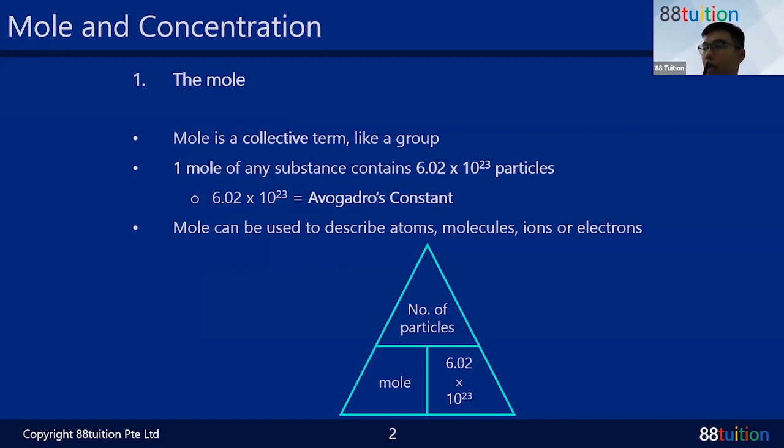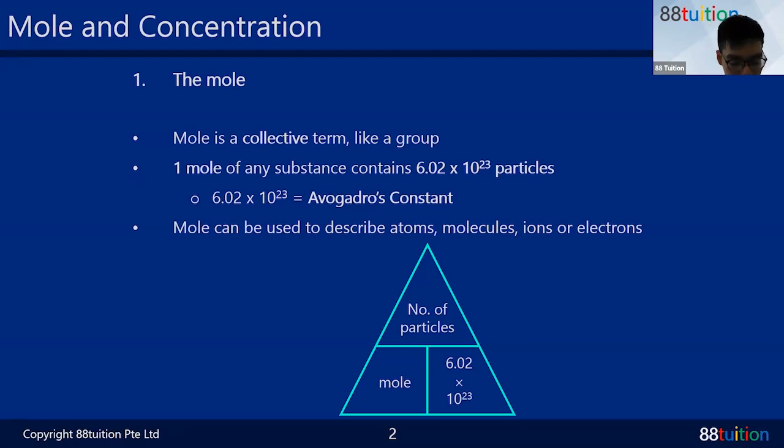They're all so small. It doesn't make sense for me to say, for example, my small water bottle here, oh, the amount of water inside is 400 million billion, don't know how many water molecules lah. Yeah, it will take forever to say. So we create this grouping system known as the mole, okay, to describe how many particles there are.